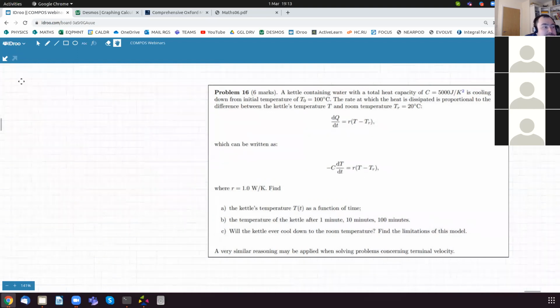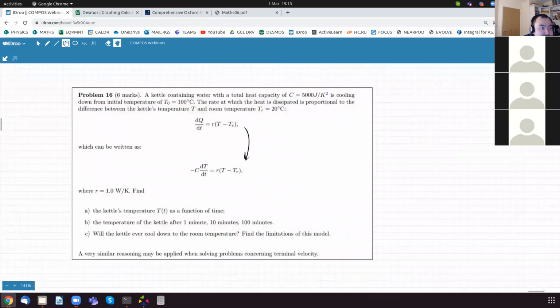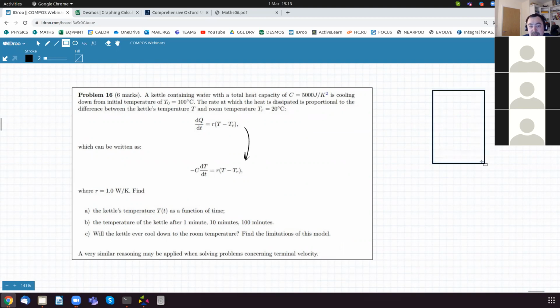So I just want to clarify a little, how do we get from here to here? Well, you have a kettle with water. And just like a kettle can hold, I don't know, one liter of water, it can hold so many joules of energy until it starts boiling.